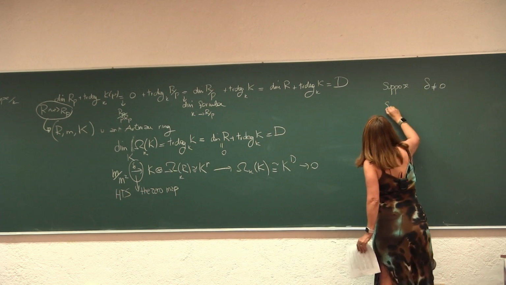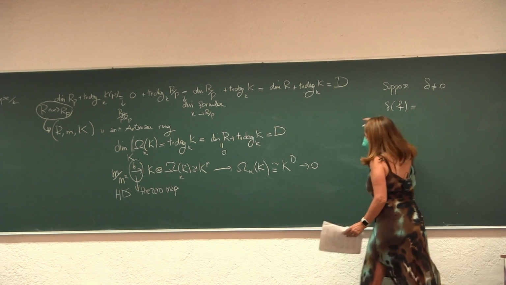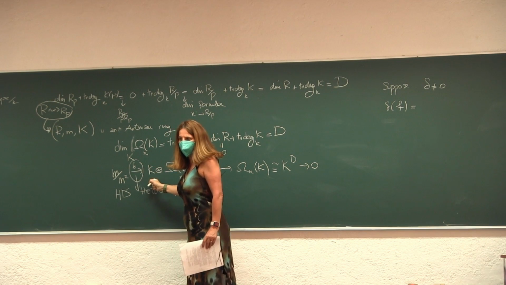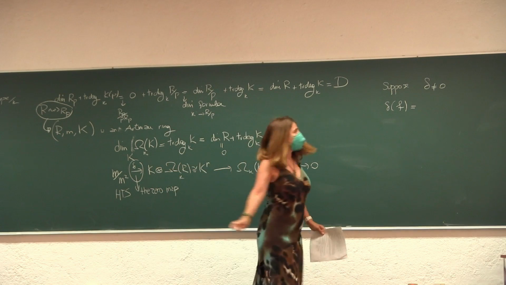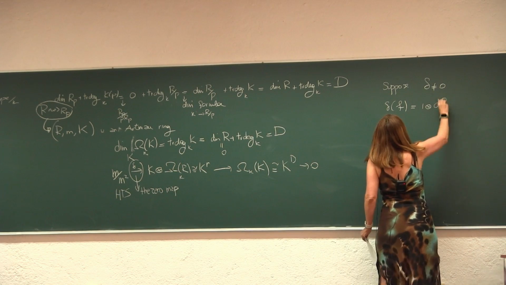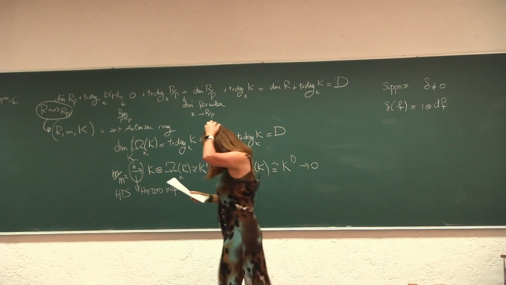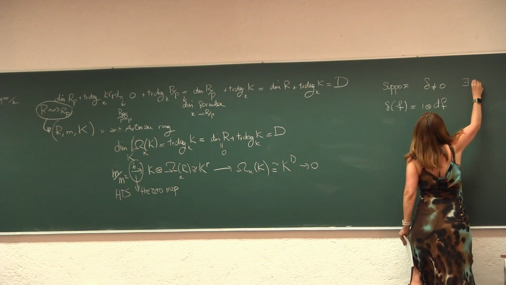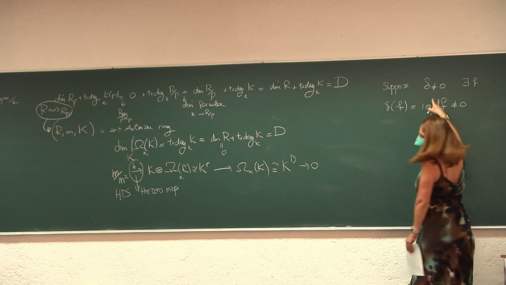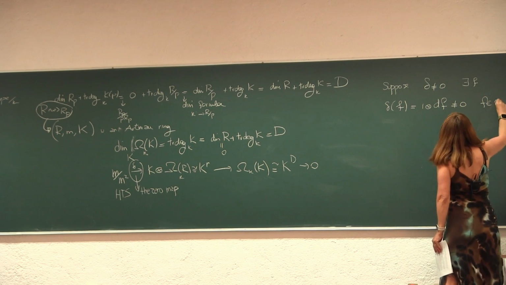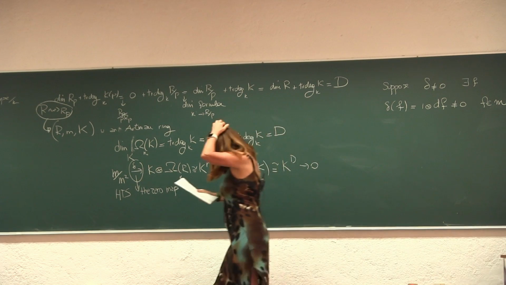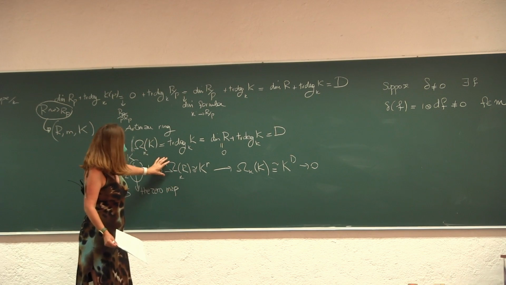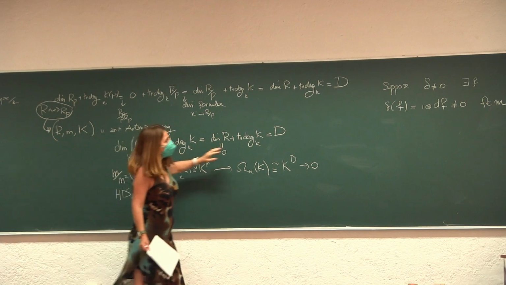So what does delta do? Delta takes an element f and descends it, so an element here in m over m squared, and descends it to df. Okay, that's what it does. And the f is in m. And we assume that there exists an f for which this is different from 0, because delta is different from 0, with f in m. And now, this guy is free. So this has to be a minimal generator.